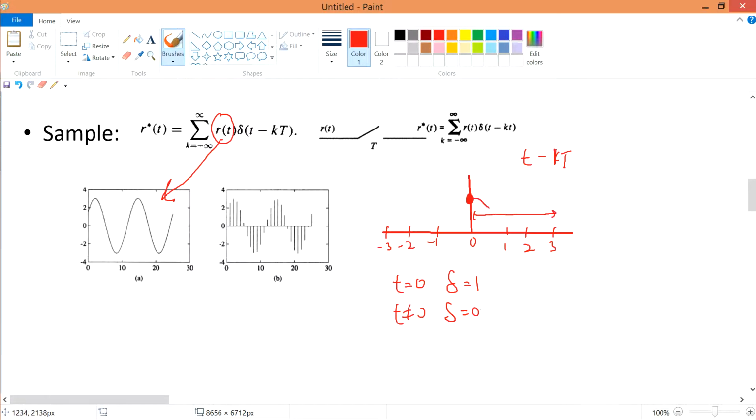So maybe if your graph is something like this, one period is somewhere over here. So instead of this point over here, your impulse will shoot up when t minus kT, when k equals 1, as I said, is just one period.